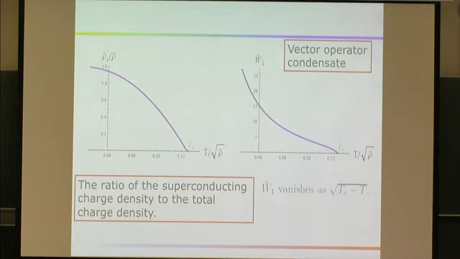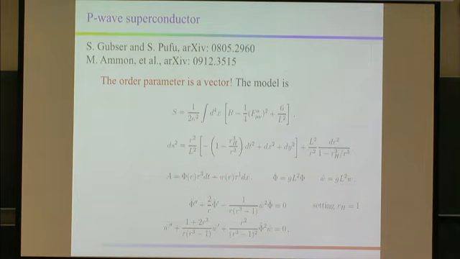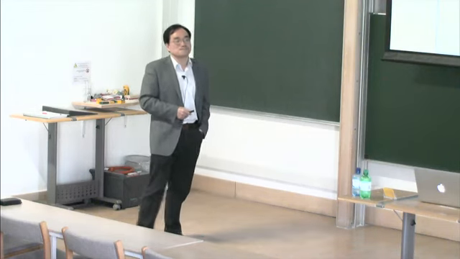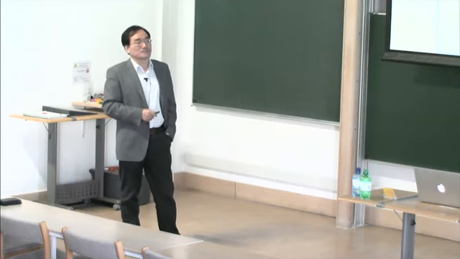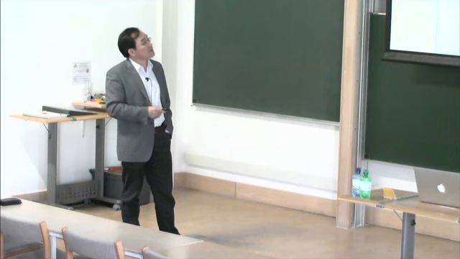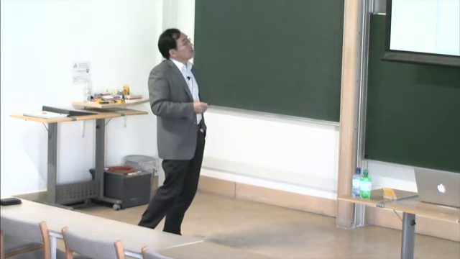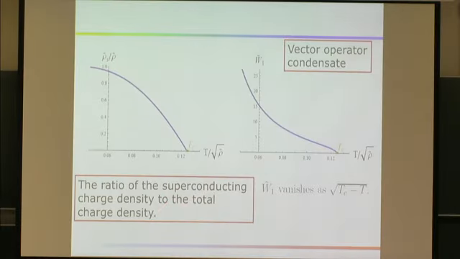When the temperature goes to 0, this ratio reaches 1. Okay, what is the parameter? The other parameter is just this one, the vector omega.